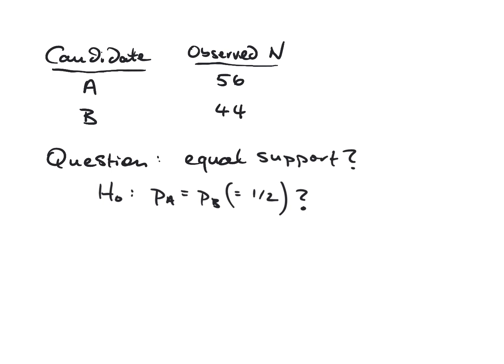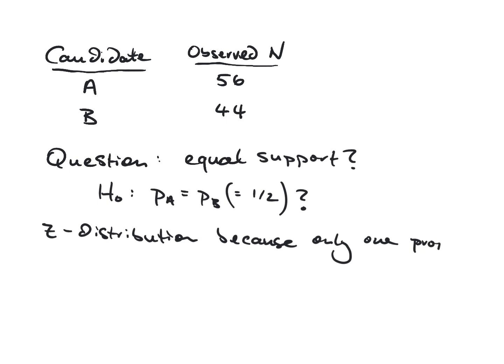Okay, now we talked about how to test this hypothesis, really about a proportion. We can do this using the Z distribution, because it's really only one proportion being tested.